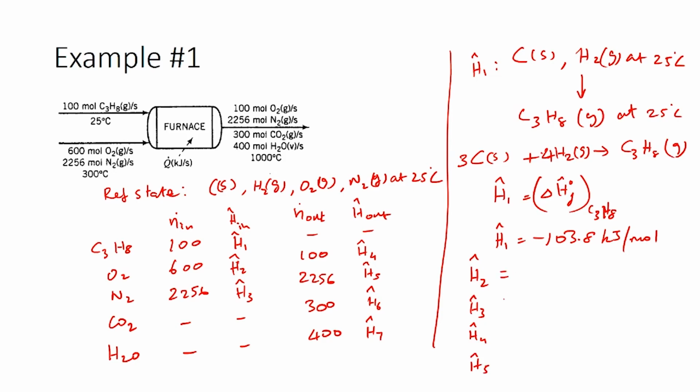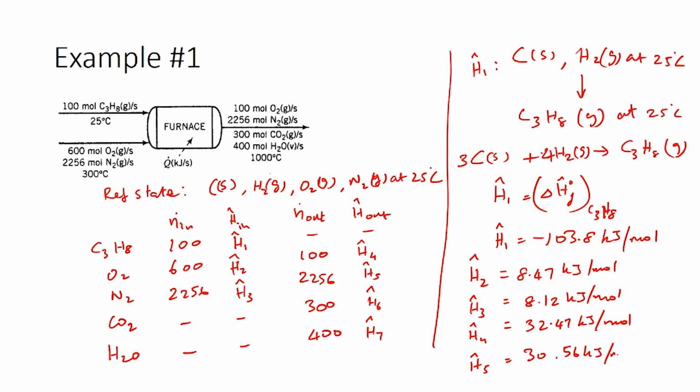So, we will fill out these values. H2 cap would be 8.47 kilojoules per mole and H3 cap would be 8.12 kilojoules per mole and H4 cap would be 32.47 kilojoules per mole and H5 cap would be 30.56 kilojoules per mole. These values are the same as what we had obtained for the heat of reaction method.